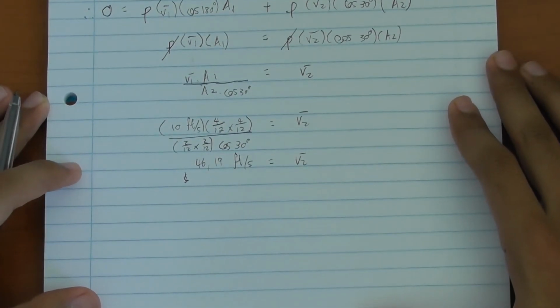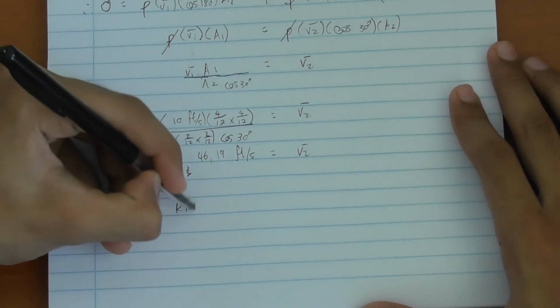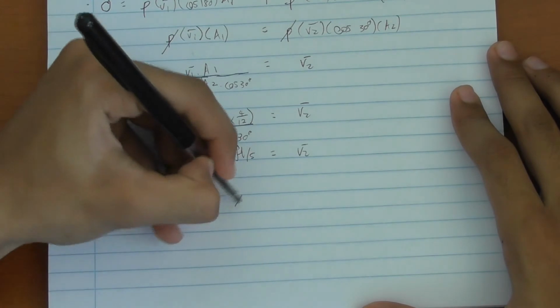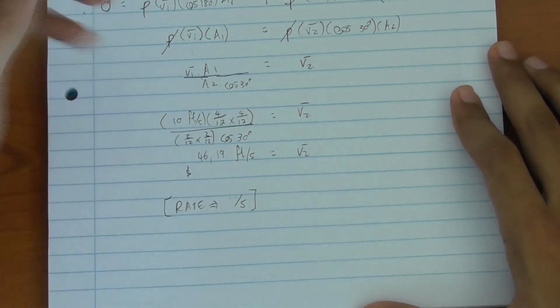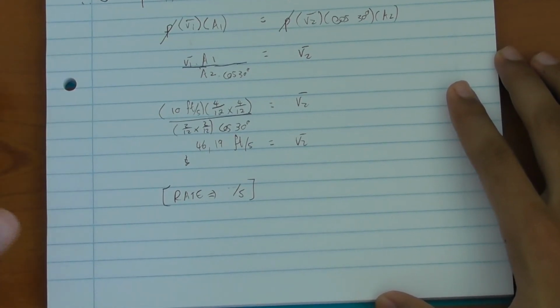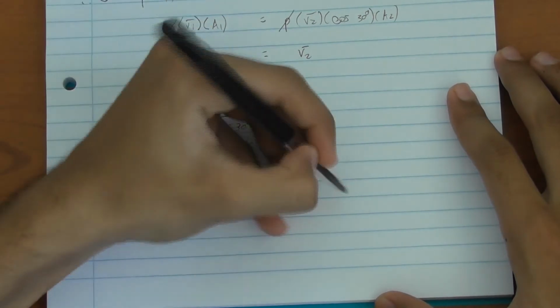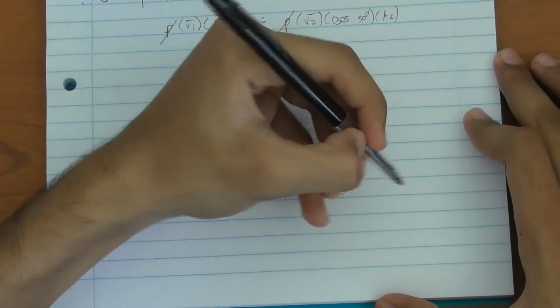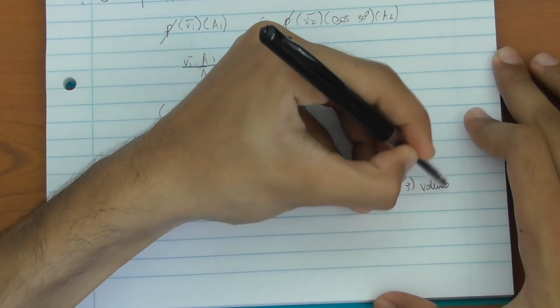The next thing they ask us for is the total flow rate. So remember, rate implies a per second value, something divided by seconds. Now, when they say flow rate, remember you can have a mass flow rate, or a molar flow rate, or a volumetric flow rate.